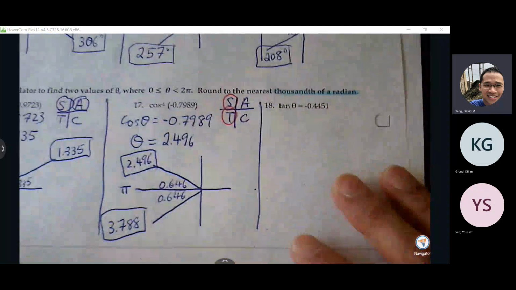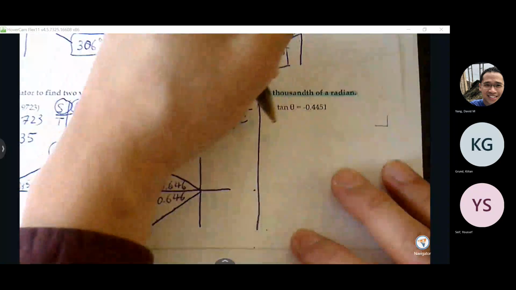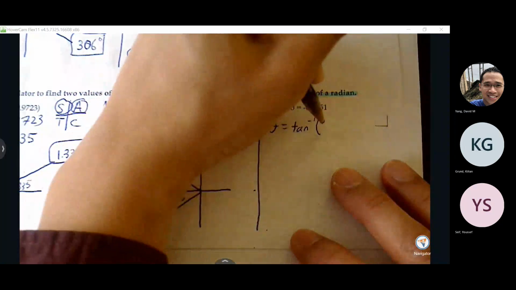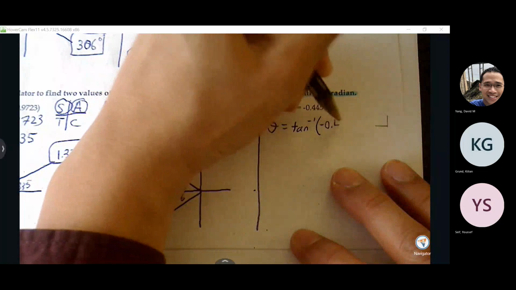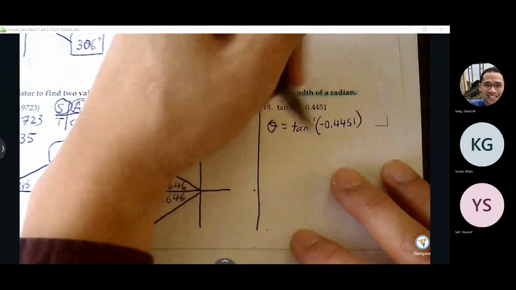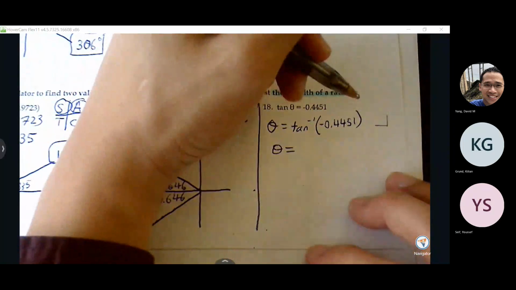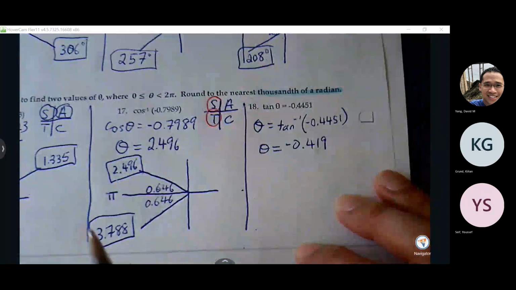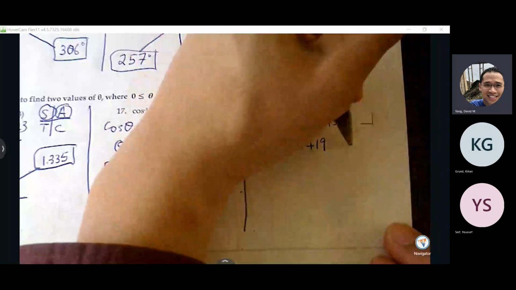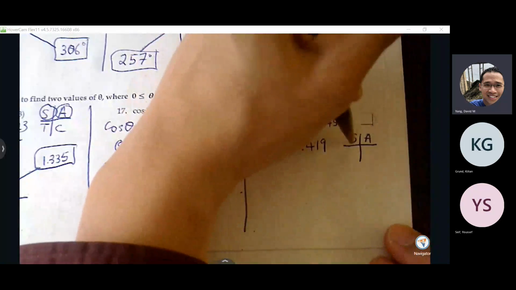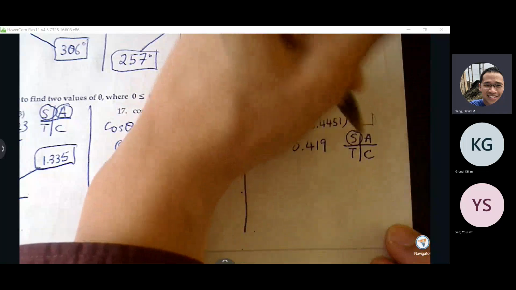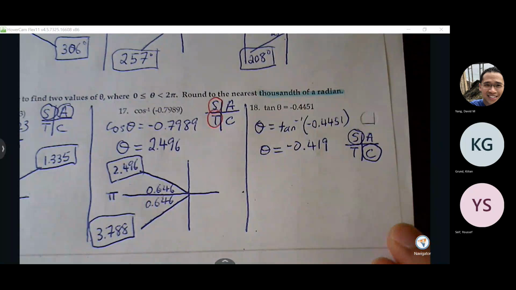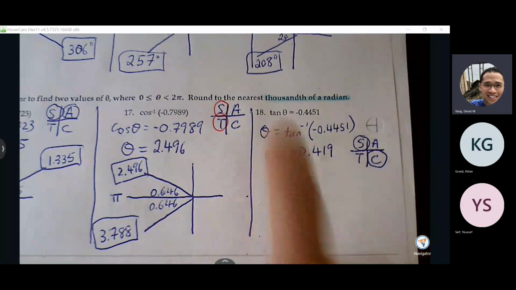Okay, tangent theta equals negative 0.4451. So tangent is negative in the second and the fourth quadrant. Ignore that negative there. Just think about that 0.419.